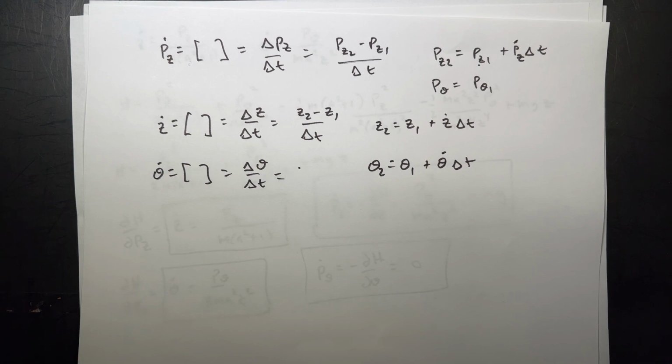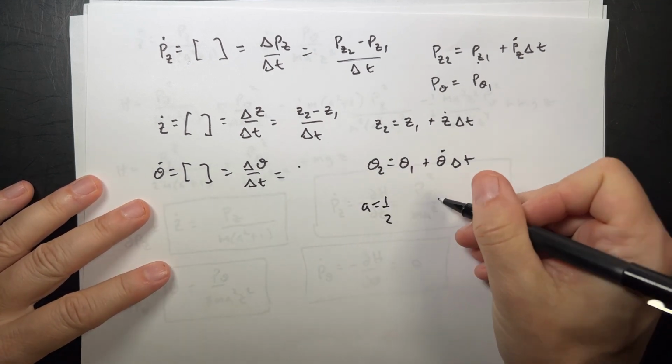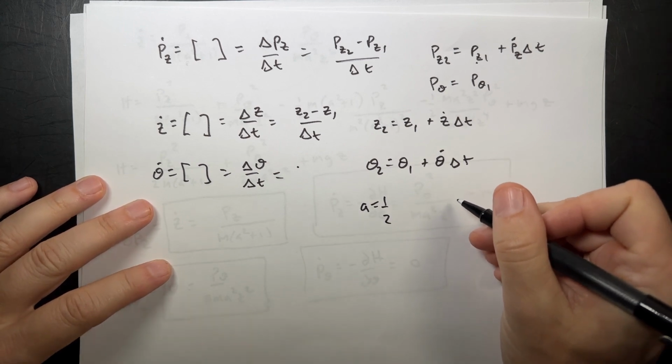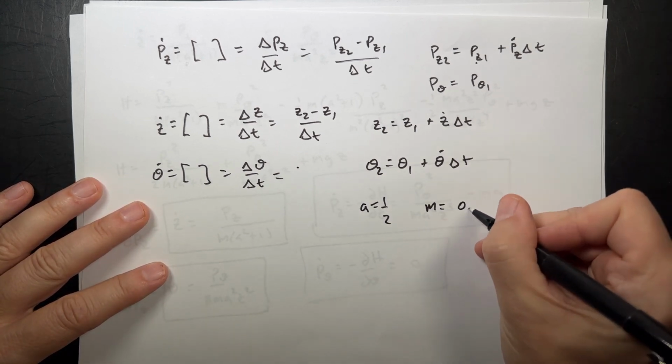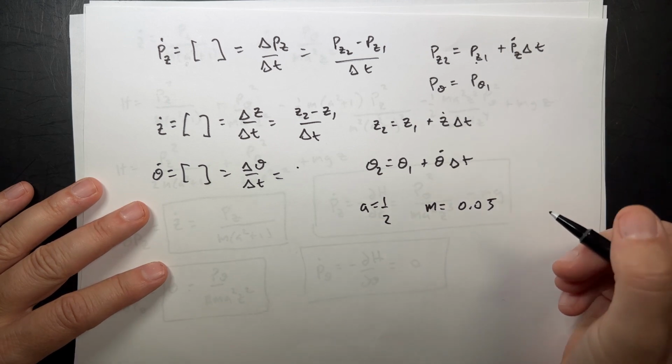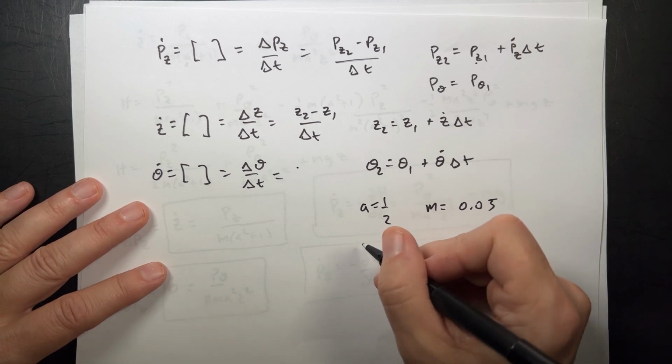Okay, let's do this in Python. So in Python, I am going to need some numbers. So let's say a equals 1/2. That's my coneness. Let's say m equals 0.05. I'm just picking stuff here. And then I'm going to need to get an initial z.